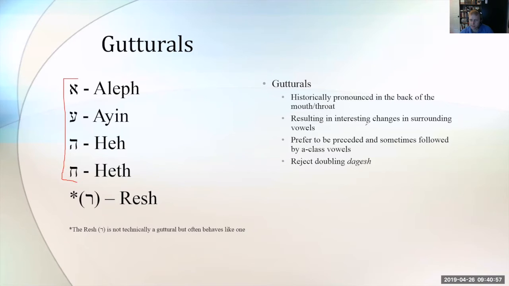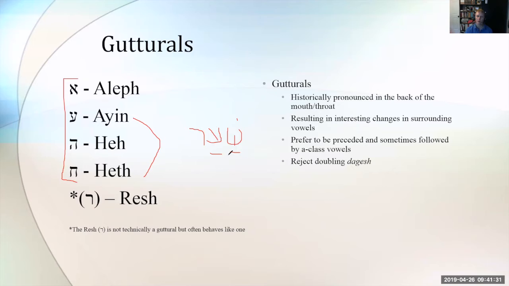This results in interesting changes in the surrounding vowels. In other words, if you have an aleph, or let's say particularly the ayin and the chet, if you have a word like this, we would expect this form, and we'll get into this a little bit. But because of that ayin and because of the resh, we get a change from the I vowels to A vowels.